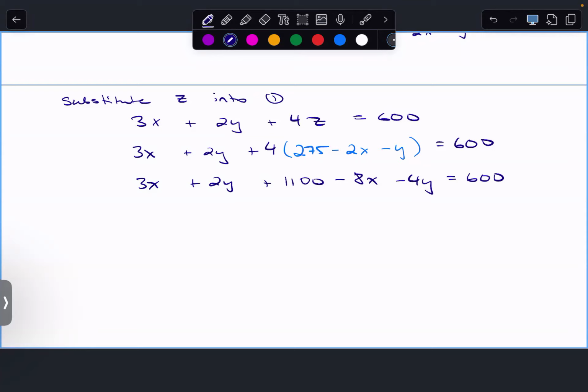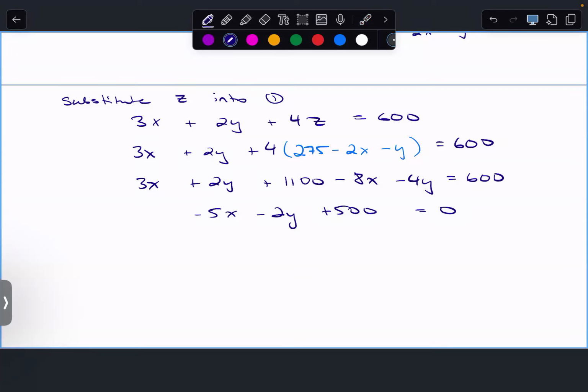So 3x minus 8x puts me at negative 5x. 2y minus 4y puts me at minus 2y. 1100 minus 600 is plus 500 equals 0. If you wanted to, you could have negative 500 on this side. It really doesn't matter.